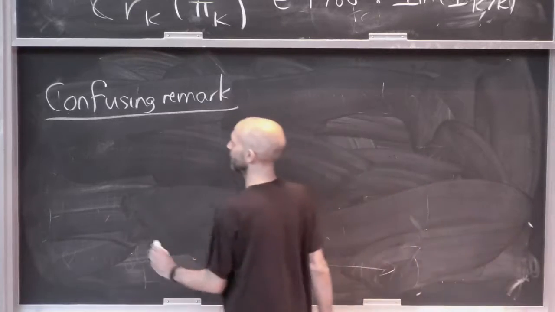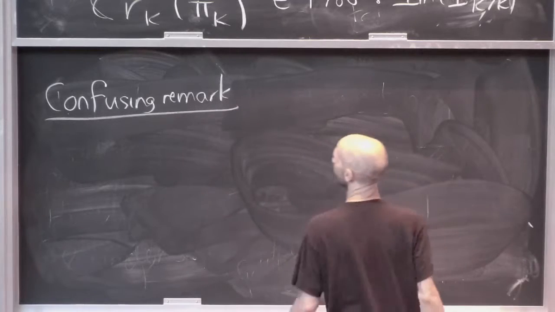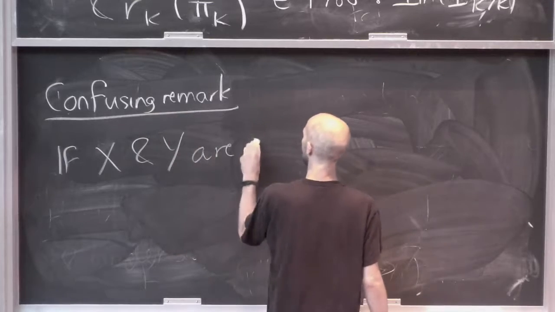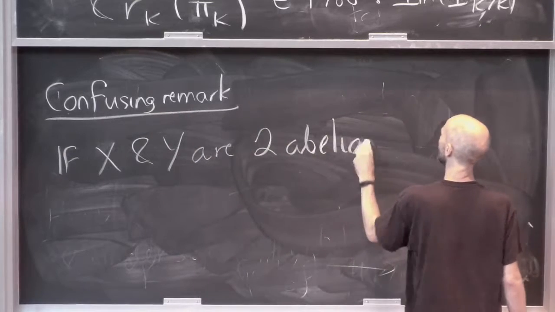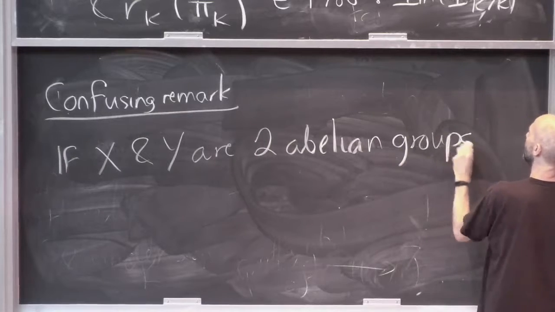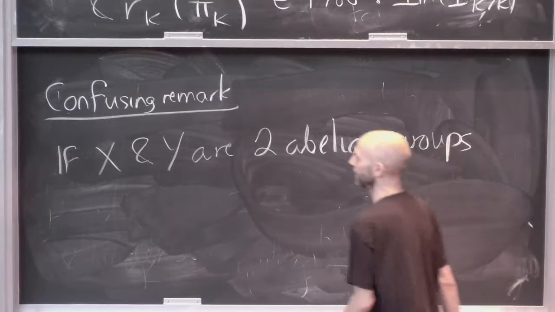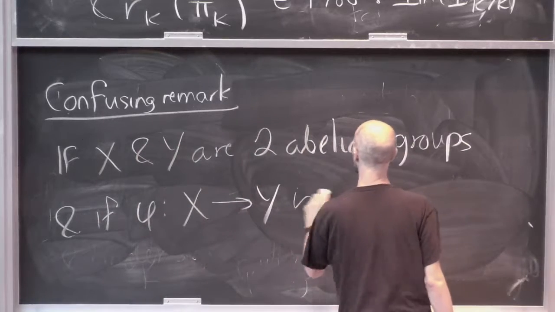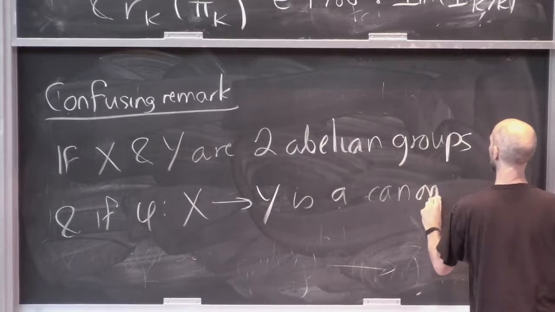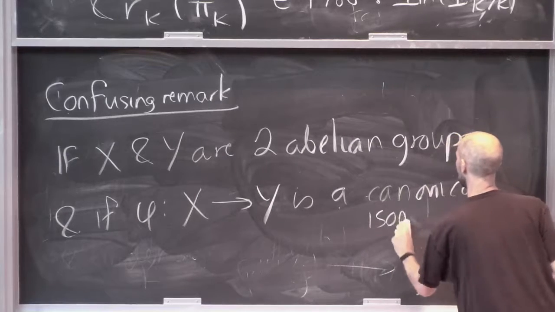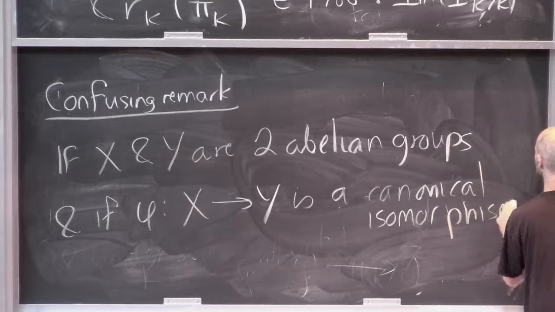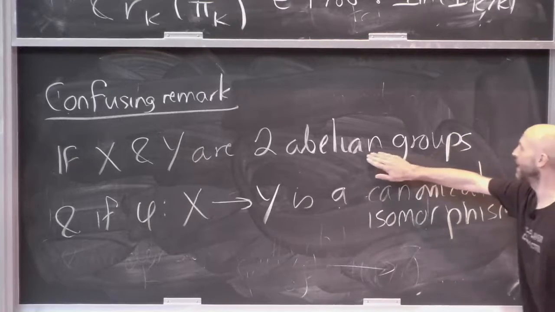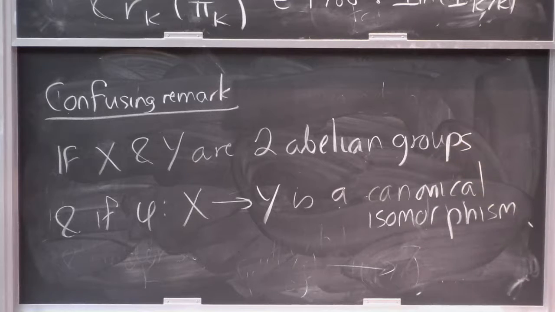But here's a weird thing, right? I don't really know what canonically isomorphic means, but if X and Y are two abelian groups, and they're canonically isomorphic, and if φ from X to Y is a canonical isomorphism, then I can think of another canonical isomorphism, because this is an abelian group, and so it comes with a canonical involution, right?